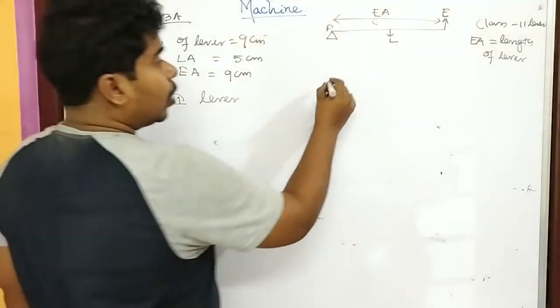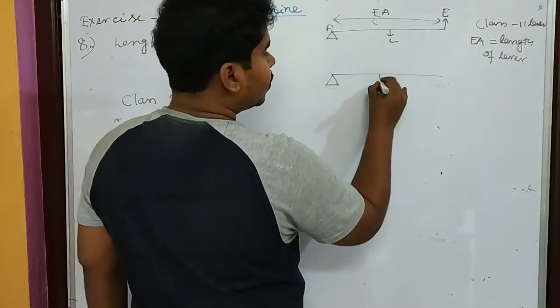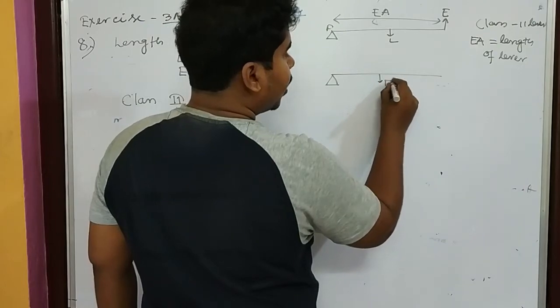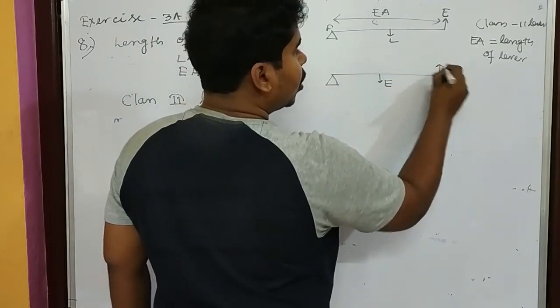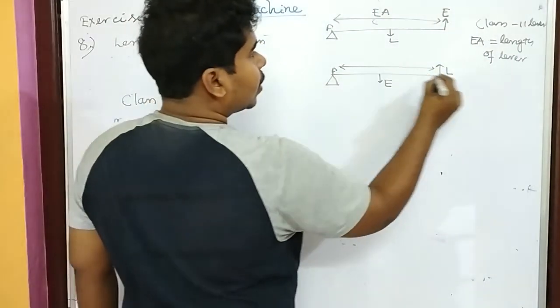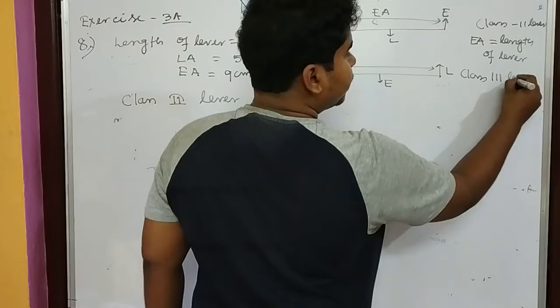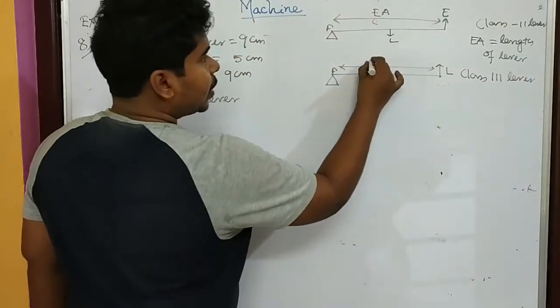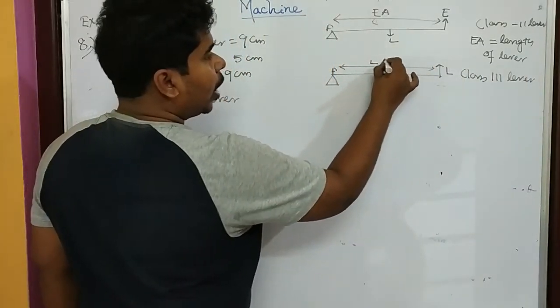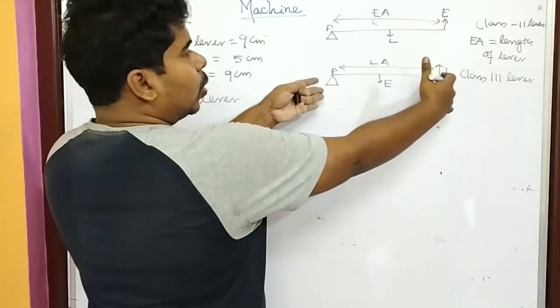If I am talking about a class 3 lever, here is the fulcrum, here the load, here the effort. This length for a class 3 lever is your load arm, and this is the total length.